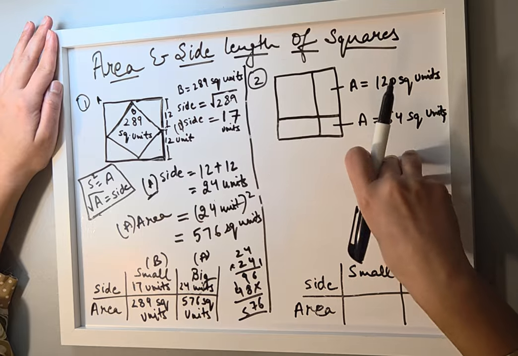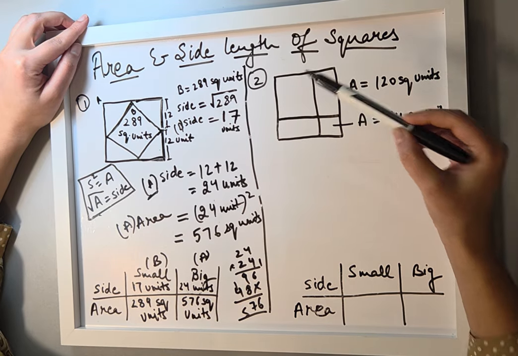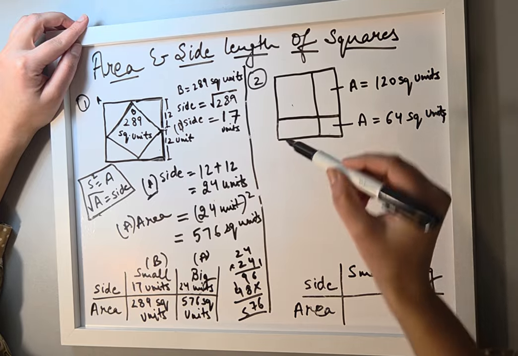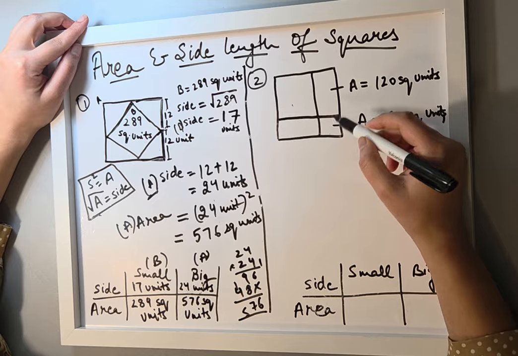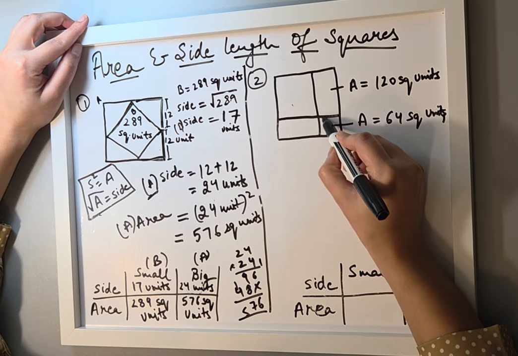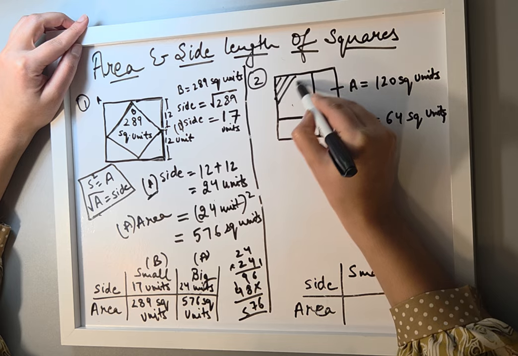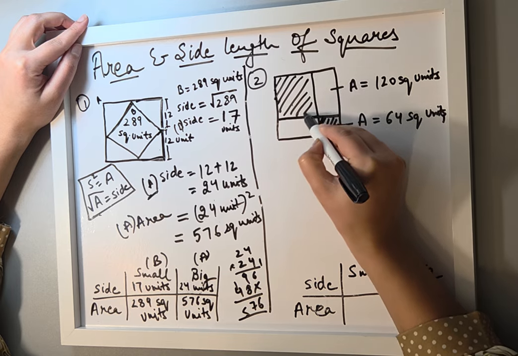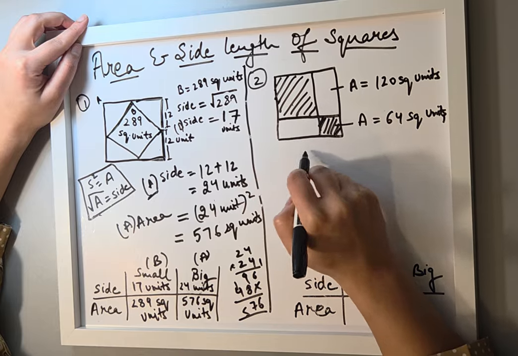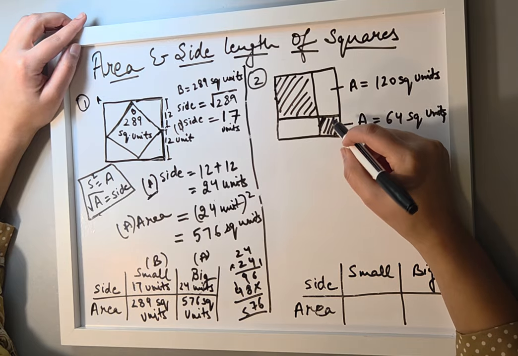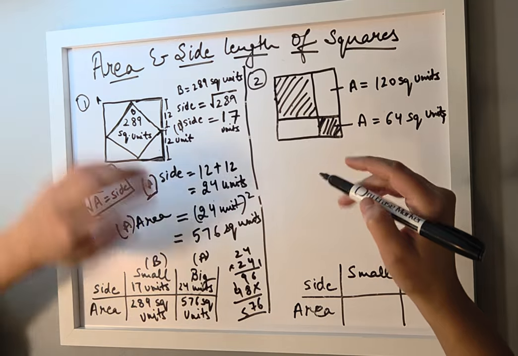Similarly, for the next problem, here we have a combination of squares and rectangles. So this is the small square and this is the big square. I can shade the squares. And the other two figures are rectangles. In squares, all sides are equal, and in a rectangle, opposite sides are equal.